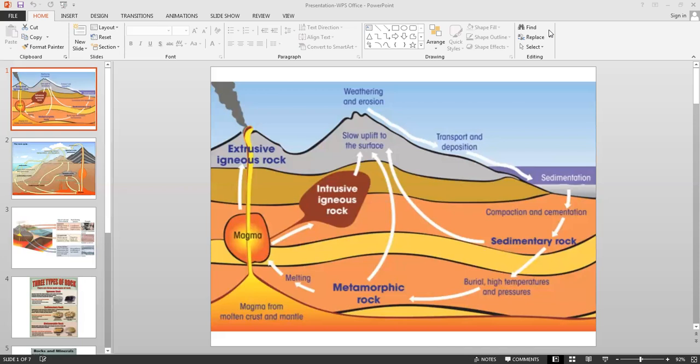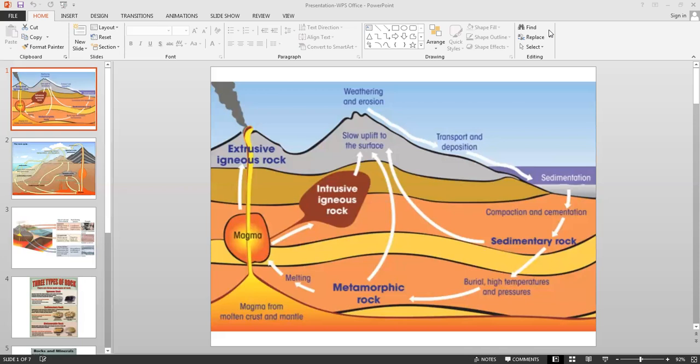Majorly, sedimentary rocks are rocks that originate when particles are weathered, transported, and deposited, and they form sediment. It's after weathering of the igneous rock. So as a result, we form the sedimentary rocks.